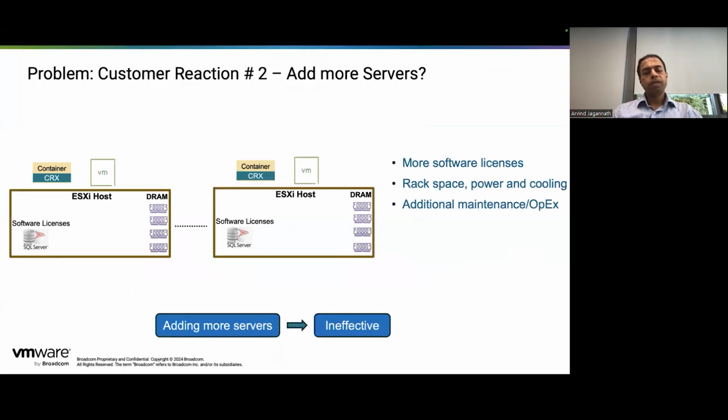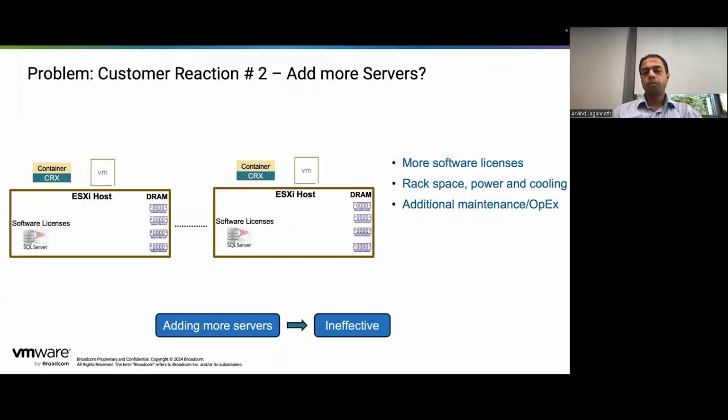The other problem that customers face, and the other reaction, is: can they add more servers? When customers try to add more servers, this is more obvious because now they have to allocate more space, power, and cooling, and allocate more licenses.